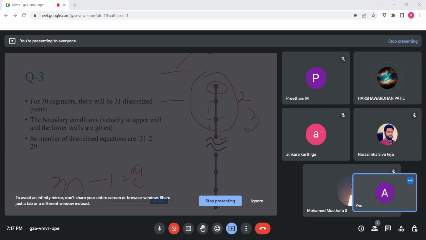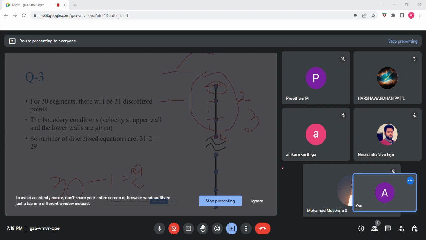Okay, like this point will also be considered for calculation. In that way I am mentioning it as a discretized point, considering it to be one of the points. But how many equations remain will be 2. So in that sense, if it is a large system, it will be 29 equations for 30 segments. Yes, ma'am. Got it.